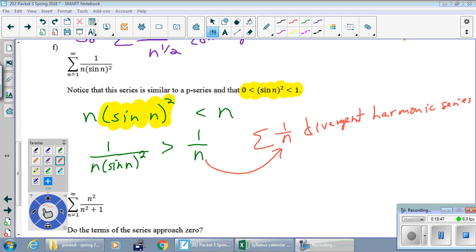And I mentioned earlier that I never use the direct comparison test. I always use the limit comparison test. Well, here is the one case where I turn into a liar. We're going to use the direct comparison test, DCT. Because our series is greater than something which diverges, therefore our series also diverges.